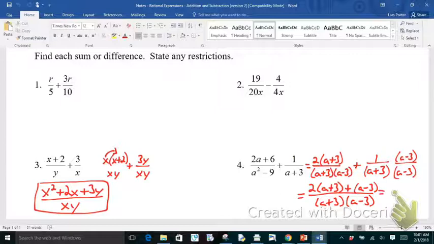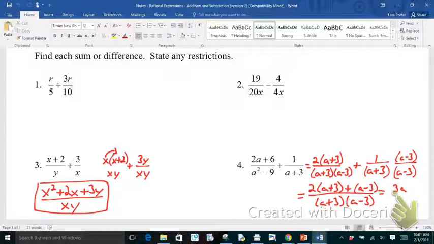Okay, so let's redistribute. Ooh, and I'm running out of space. I tried to fit all this in. Our numerator, when we distribute the 2, is going to give us 2a plus 3 plus a minus 3. So when we say 2a plus a, that's going to give us 3a.